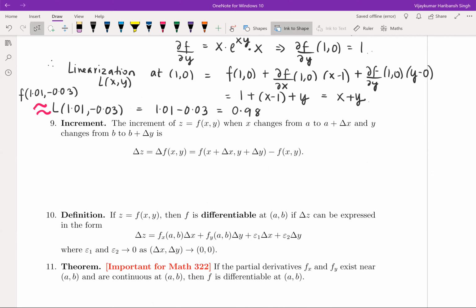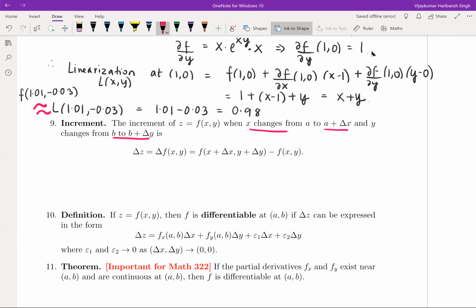All right, now let's talk about increments. We want to measure the following: if there's a change in the function inputs x and y, how much does your function change? Namely, if your x changes from a to a plus delta x and y changes from b to b plus delta y, how much did your z change?